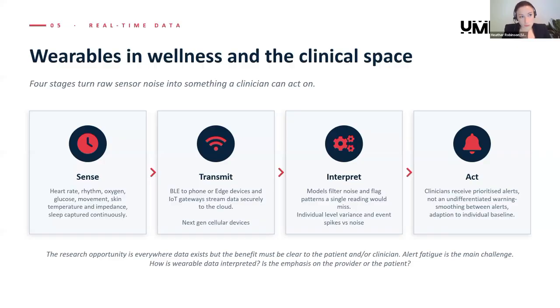And that data is all picked up and sent in a number of ways to devices and receivers. So in a hospital context, that might be something like Bluetooth, connecting to a Bluetooth hub, which is plugged into the wall. It might, for example, have a cellular chip in.